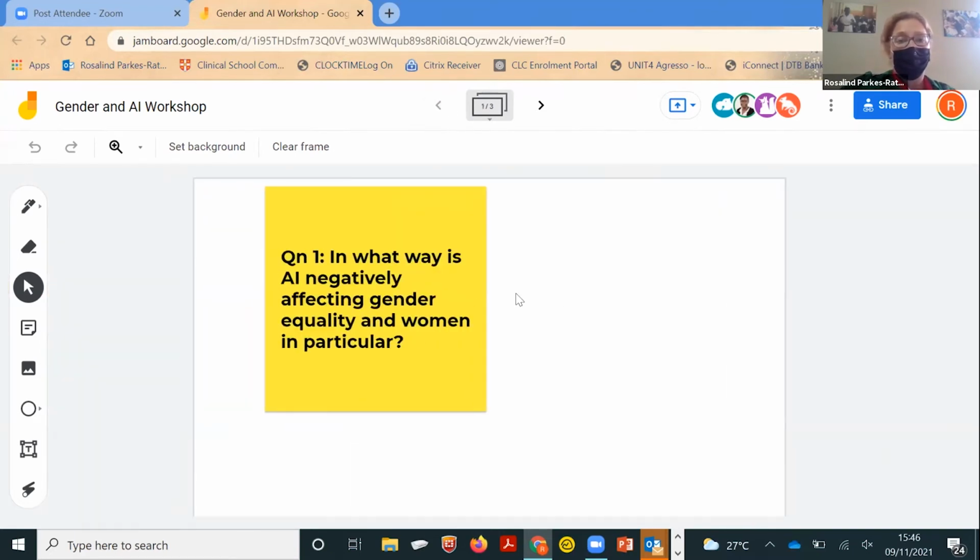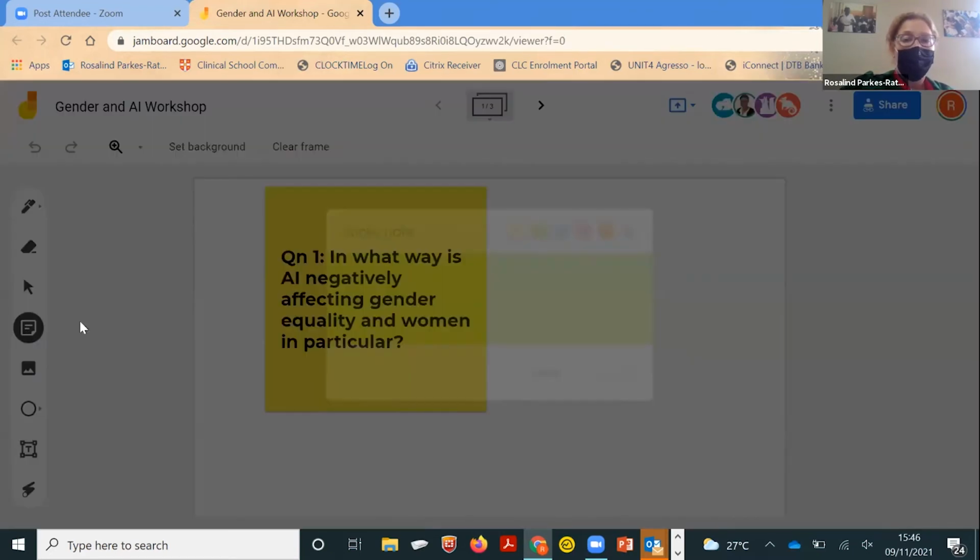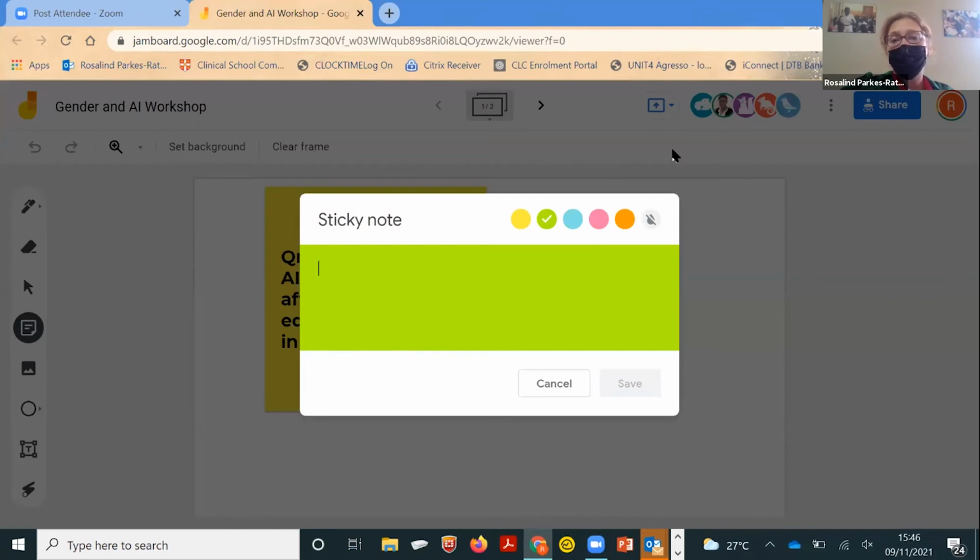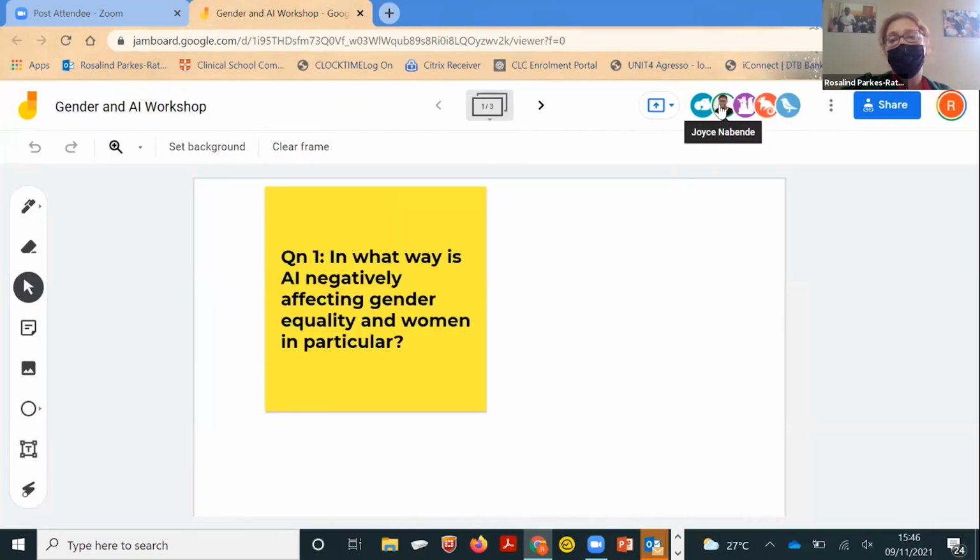So if we go back to the first one, I think you can log in as yourself. I think if you see at the top, Joyce is logged in as herself, but all of us are anonymous animals. So anonymous hippo, anonymous fox, anonymous chameleon, and anonymous bird, crow. Please don't feel embarrassed or concerned that there are lots of clever AI people in the call.